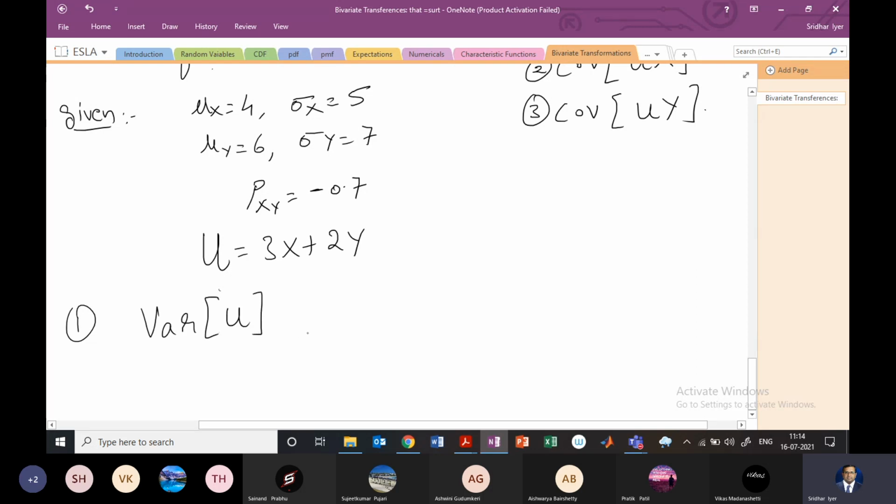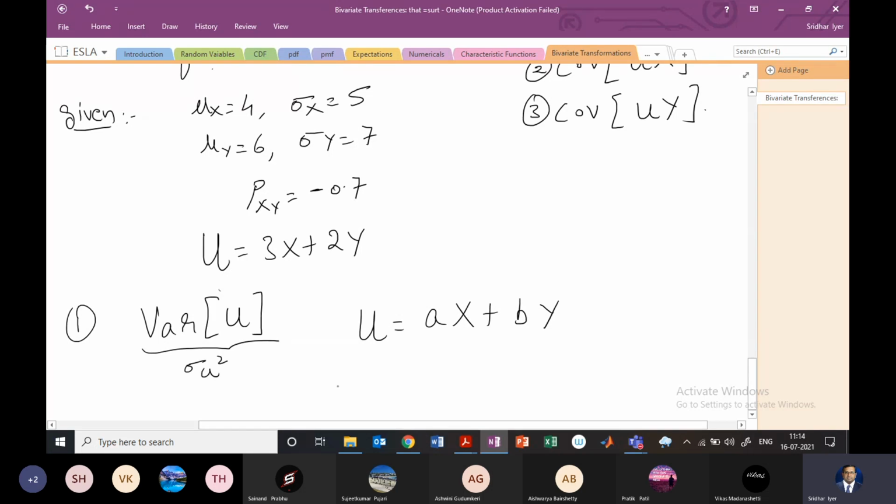Now we know that when a random variable is given to us as a combination of other random variables, we can write it as u equal to ax plus by, and we have done this mathematics, but I'll just do it again, of how to find the variance value, which is basically sigma u square.